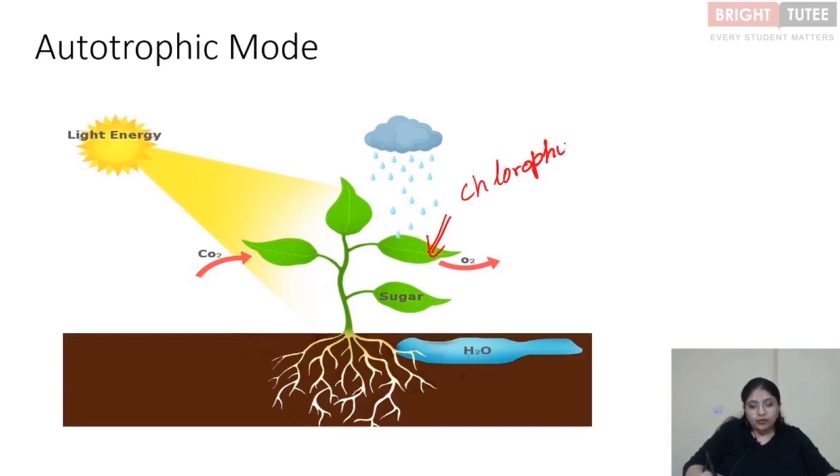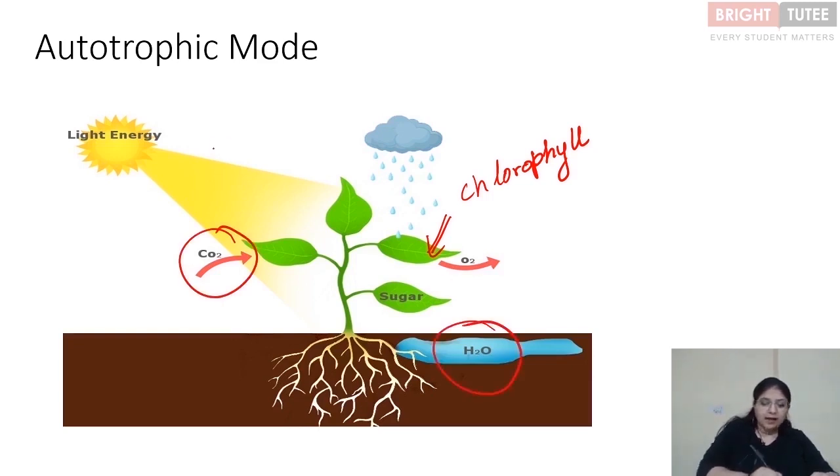We are going to talk about the importance of this pigment in detail when we talk about the autotrophic mode of nutrition. For now, it is important to understand that in autotrophic mode of nutrition, the plants are able to synthesize their own food using carbon dioxide, water and sunlight. And because these are green in color, they are able to make their own food.